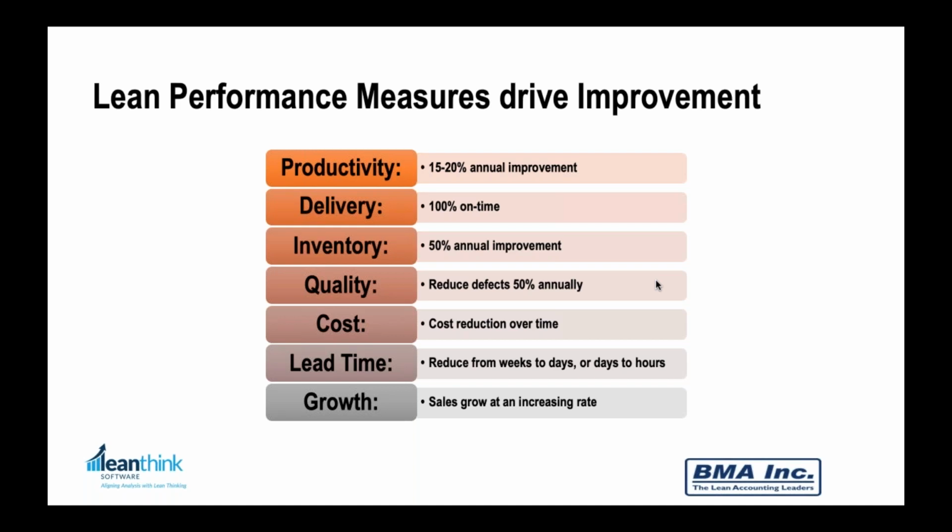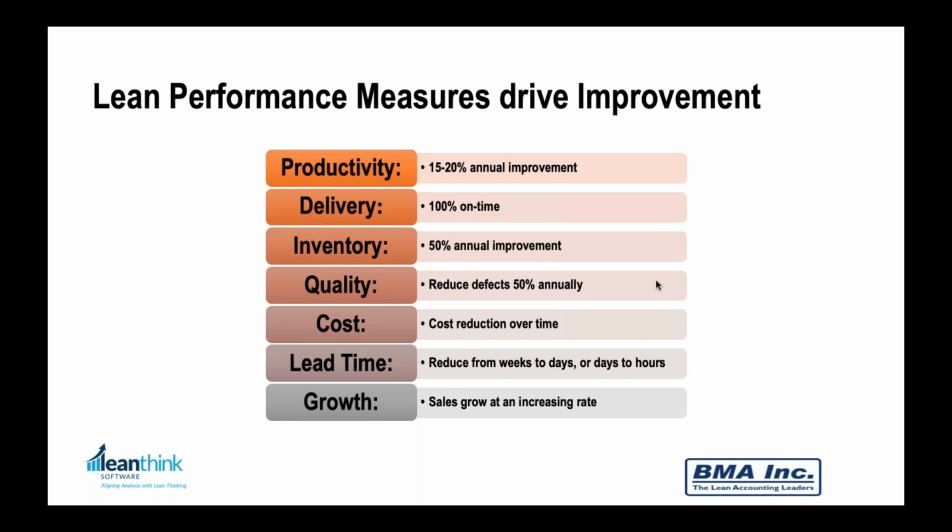And I can't stress enough how important it is, not just for operations to have these measures, but it's also very, very important for finance and accounting people to understand these measures, because in the long run, understanding the performance measurements are going to give you the root causes of operating performance that is maybe hindering improving financial performance.